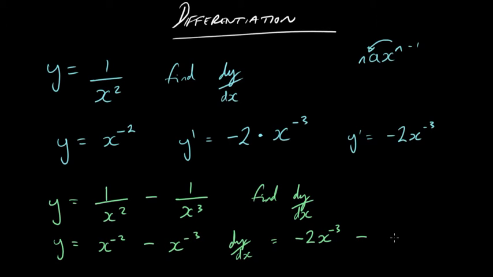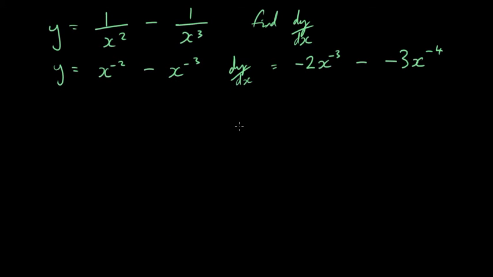And for the second term, we still have to bring the power down, and that power is minus 3, and it goes in front of the x, and then you take one off the power, which will become minus 4. So to tidy it up, dy dx for that second example is equal to minus 2 x to the minus 3, but we've got minus, take away a minus. That's like saying it isn't negative, so it must be a plus. So plus 3x to the minus 4, and that is the answer for that one.